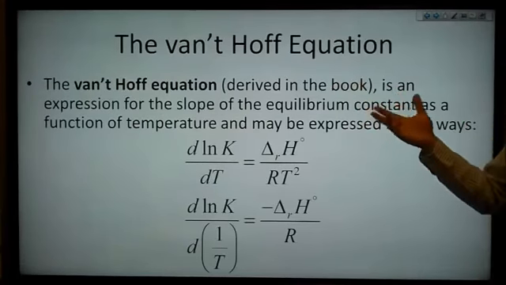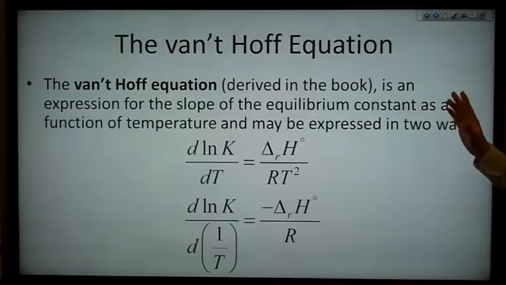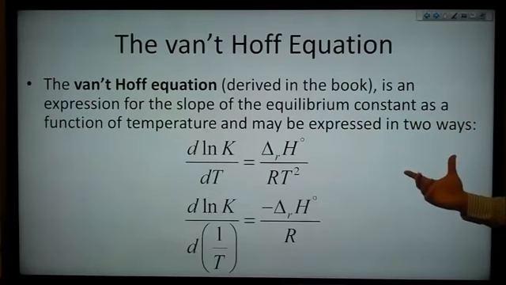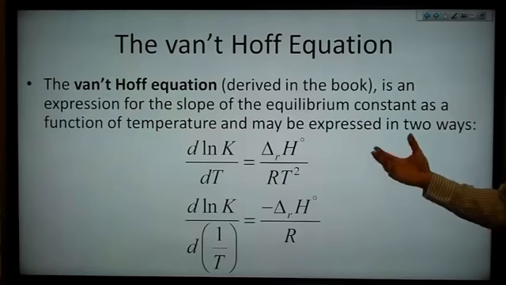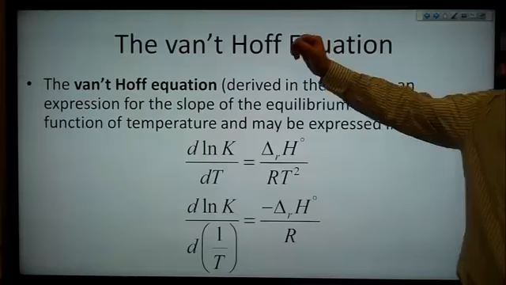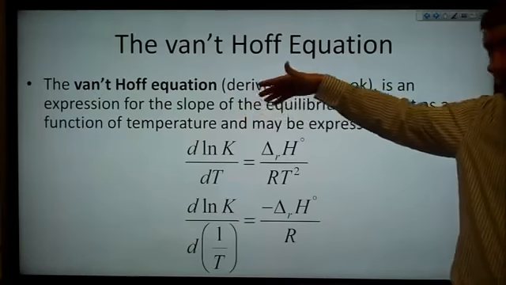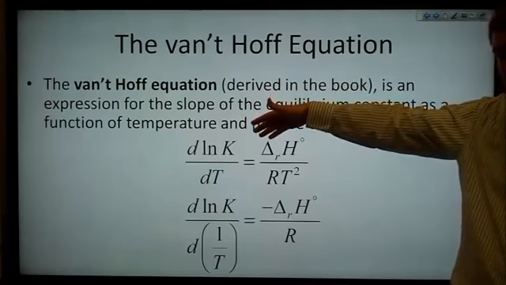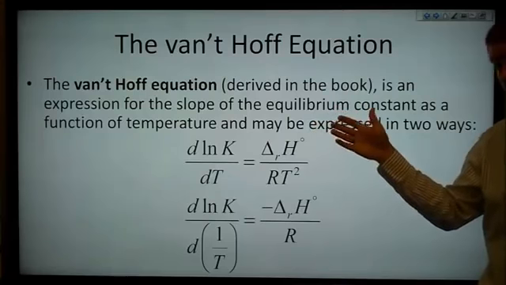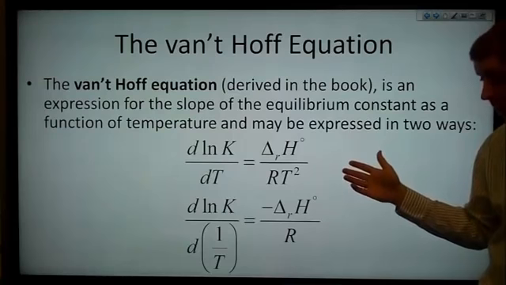So this brings us to the van 't Hoff equation. This is derived in the book. I'm not going to go through the derivation here, but this is an expression for the slope of our equilibrium constant as a function of temperature, and it can be expressed in two different ways. We can either express it like this: the change in the natural log of our equilibrium constant K with respect to temperature is equal to our standard enthalpy of reaction, delta rH, divided by R times T squared.